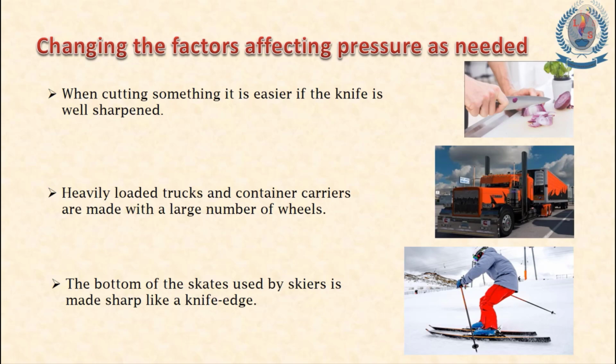Okay, so to minimize the pressure exerted on the road, they have increased the number of wheels on the truck. So the surface area is getting high. We know when the surface area is high, the pressure exerted on the surface is very less. So that is the point here. They have increased the number of wheels, so the surface area is high, so the pressure exerted on the road is less.